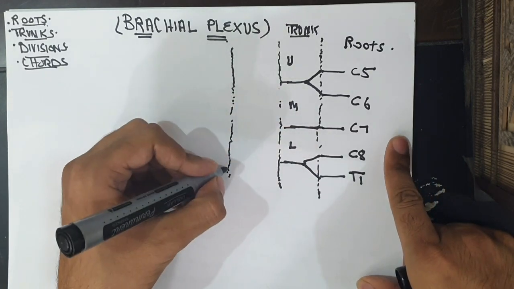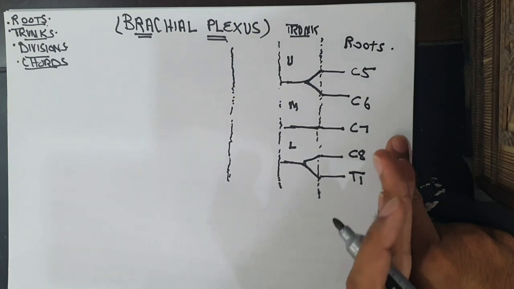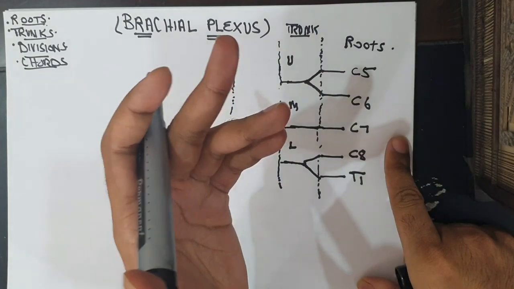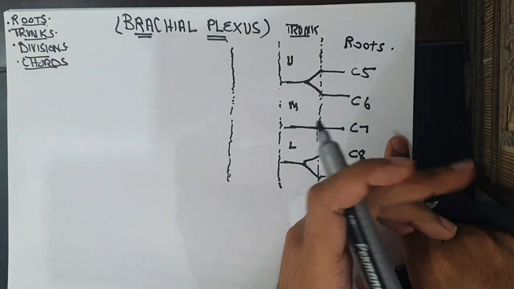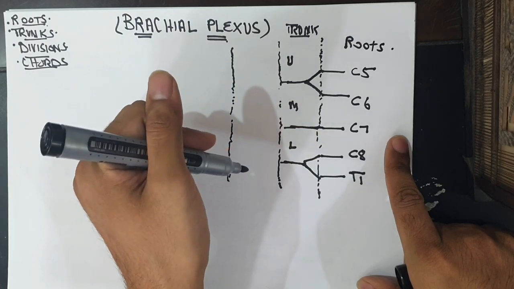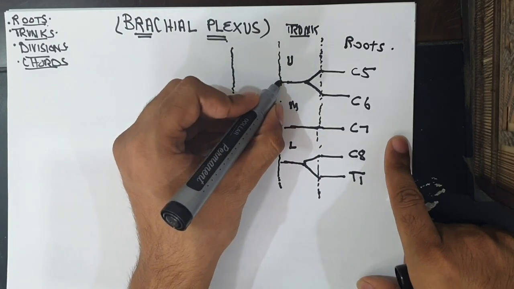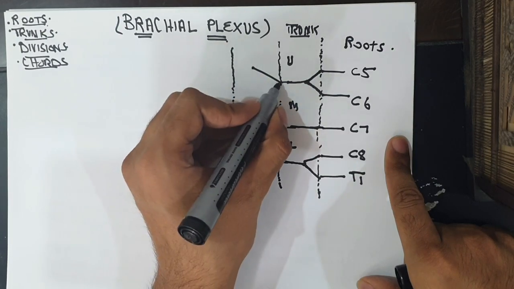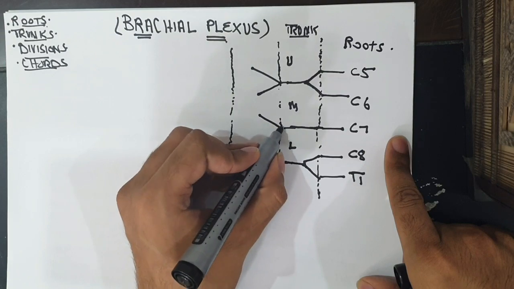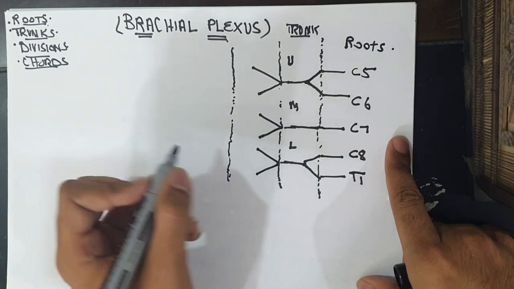To make it easy, I am going to give you a mnemonic so that whenever you have to draw it in your undergraduate examinations, you can draw it easily. That is AP, AP, PA. What is AP, AP, PA? This is anterior, posterior, anterior, posterior, and posterior, anterior.